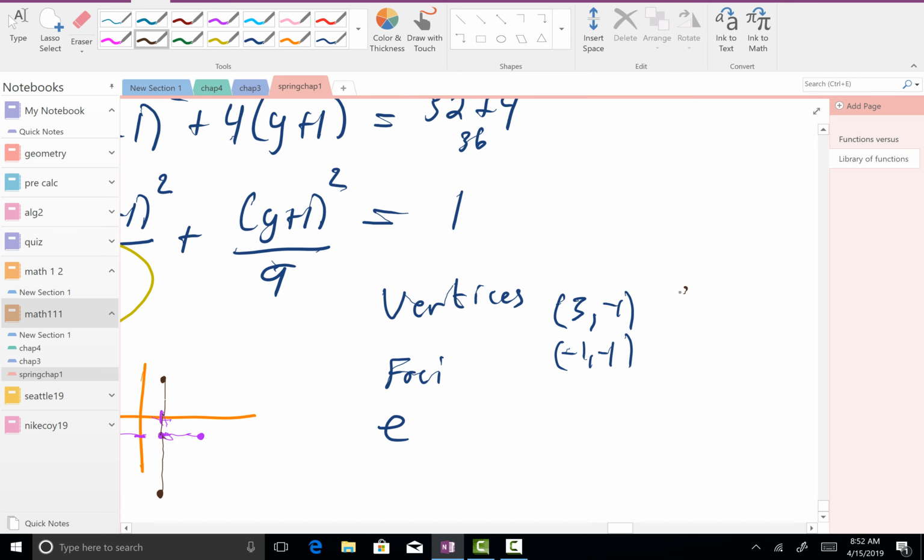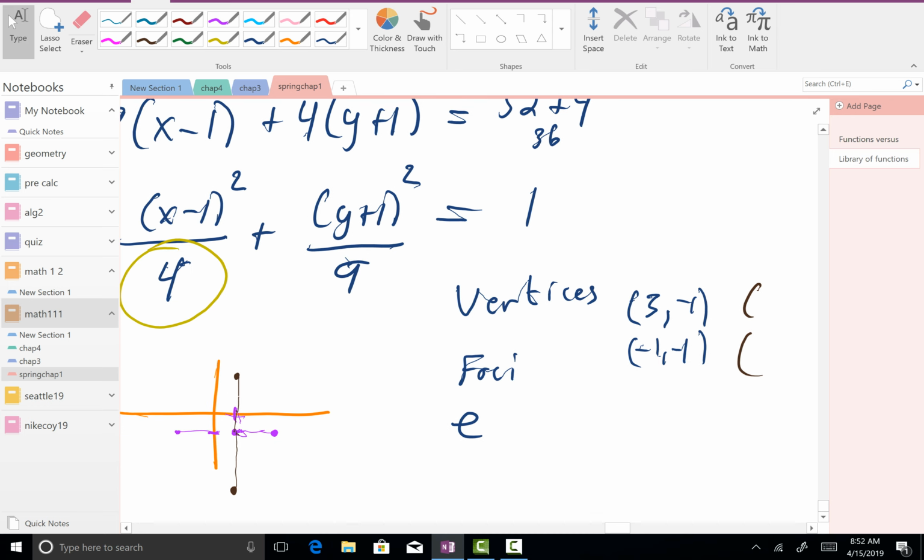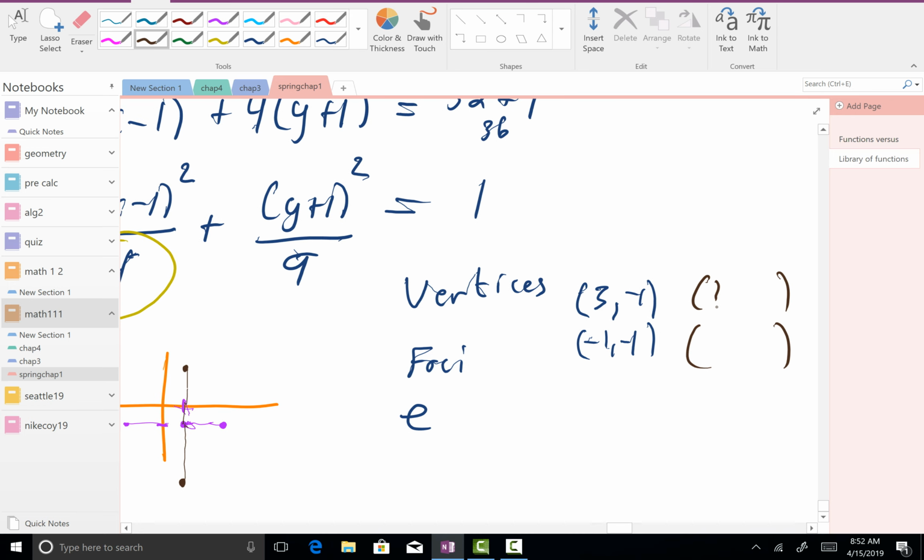Let's see if we can get those vertices. The x is going to be the same, 1 and 1, comma. 1, -4. So I went down 3, so -4, you're right. And then up 3 is going to be 2. Very good. So there's our vertex point.